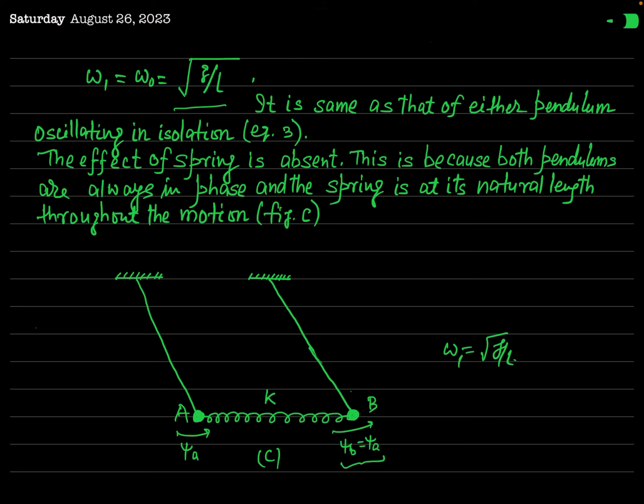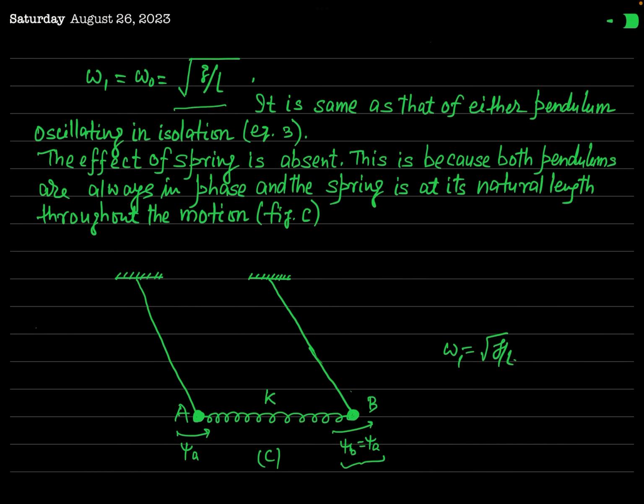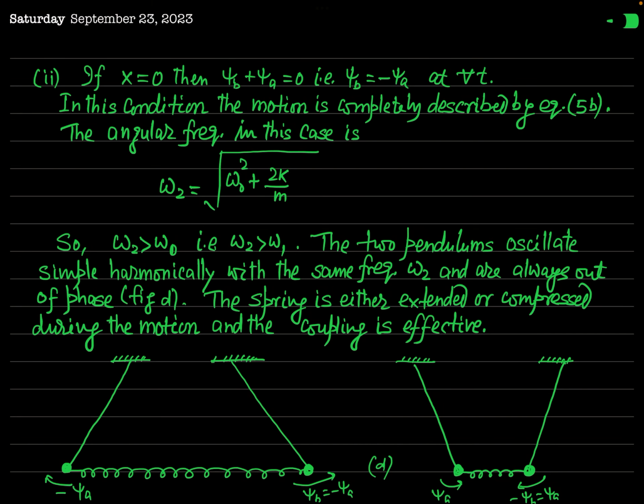But now let us consider the just opposite situation. In the first situation, we considered y equal to 0, but now we are going to see what will happen if we consider x equal to 0. You have seen that x is psi b plus psi a, so psi b plus psi a is 0.